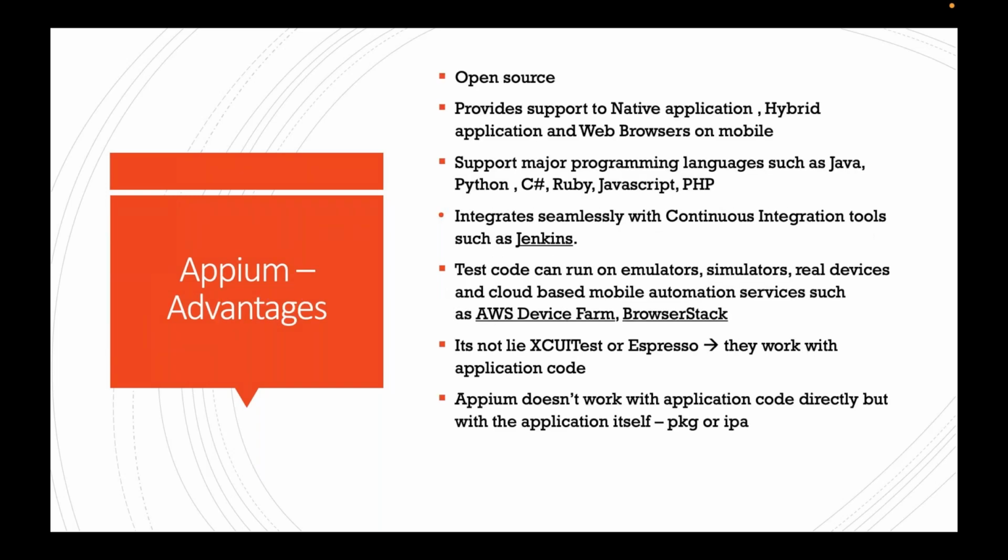When you say programming languages, it supports Java, Python, C Sharp, Ruby, JavaScript, PHP, everything. The next main thing is integration with Jenkins, the continuous integration tool. And with the latest things like Docker and image stuff going around, Appium has something to do with that as well.